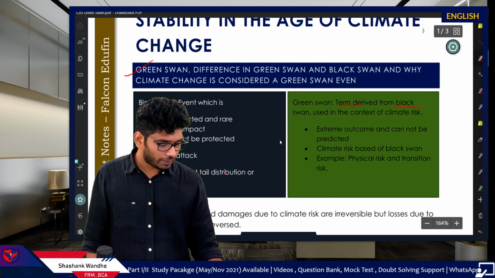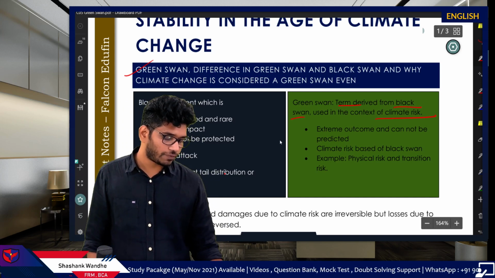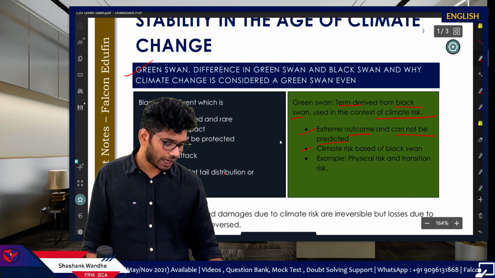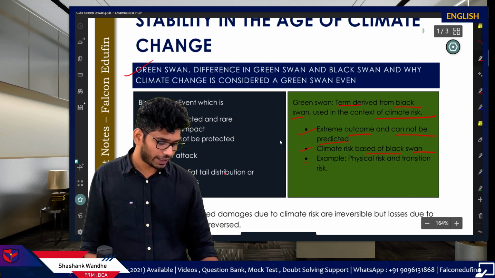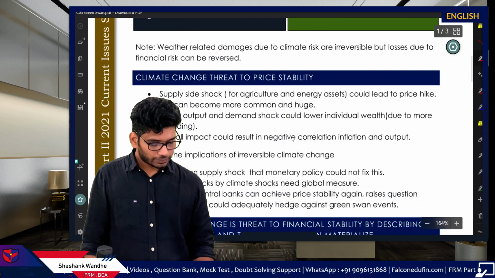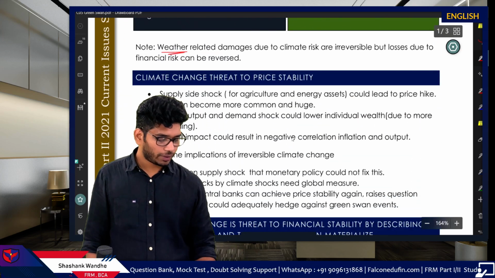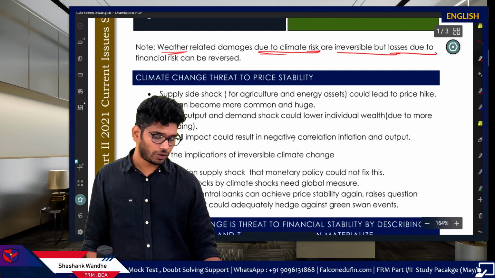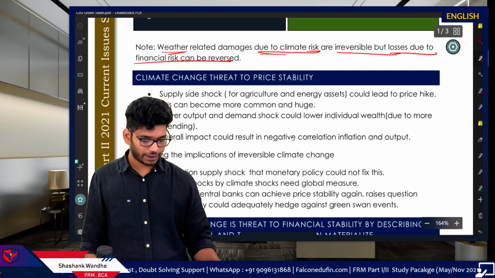The term is derived from the black swan, used in the context of climate risk. Extreme outcomes that cannot be predicted. Examples are physical risk and transition risk. This is just a note: weather-related damages due to climate risk are irreversible, but losses due to financial risk can be reversed.